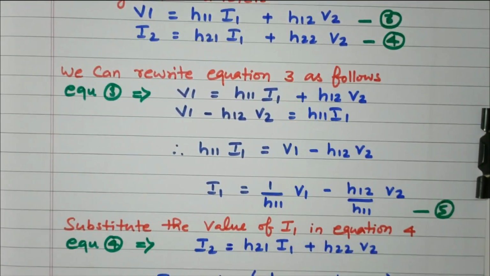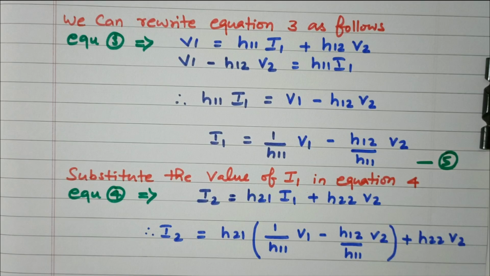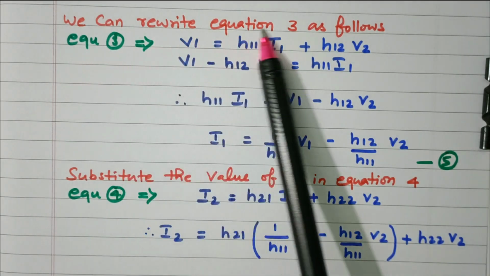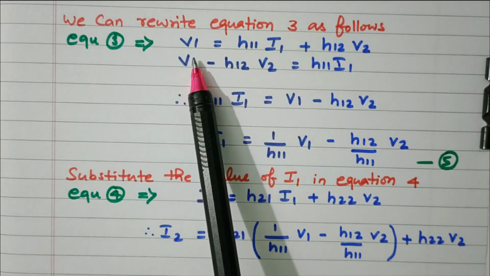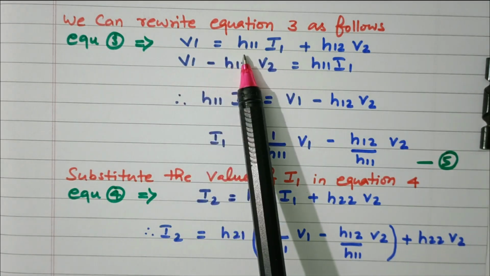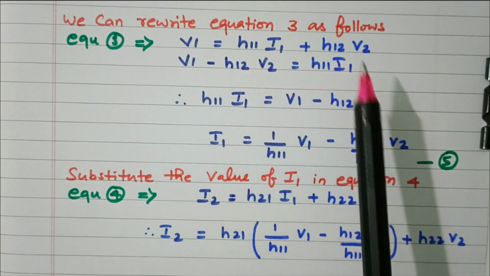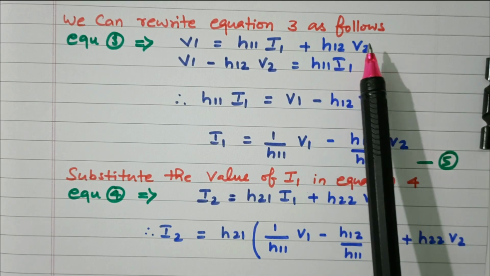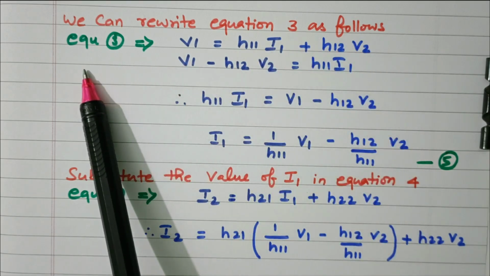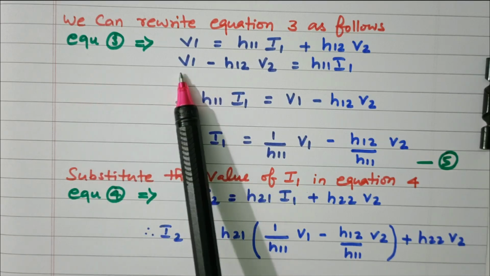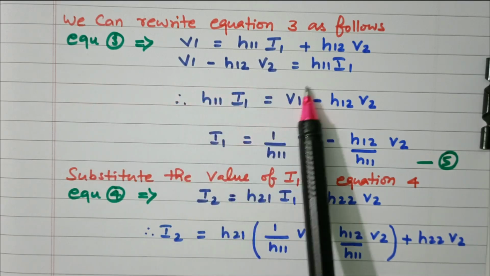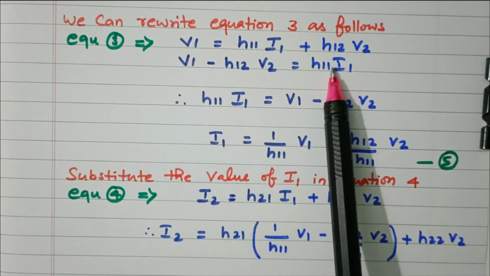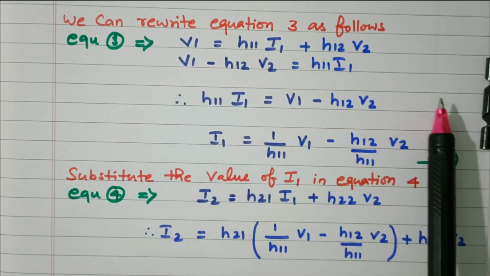The first step, we are going to rewrite the equation 3. So this is equation 3. V1 equal to H11 I1 plus H12 V2. Right. So this term H12 V2 brought to the left hand side. So it becomes negative. V1 minus H12 V2 is equal to H11 I1. Now rewrite this. Write this term this side, this term that side.